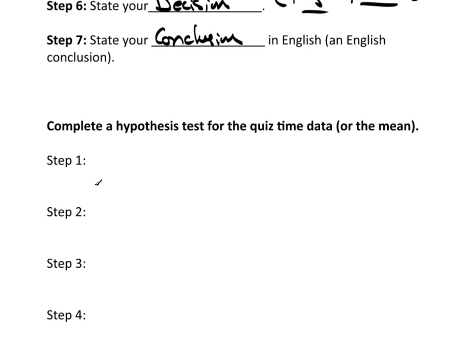First of all, step 1, I want to state the parameter. The parameter is mu. We're interested in the mean. Now, in reality, when we walk through this, you're going to see here in a moment that we may have to switch this. If the assumptions aren't satisfied for the mean, then you should switch it to the median.